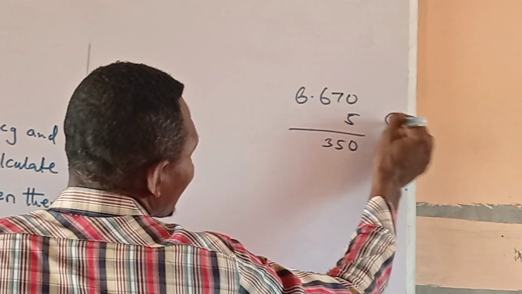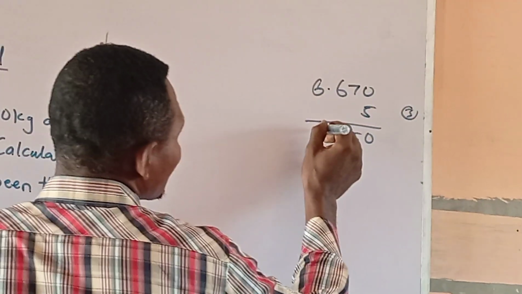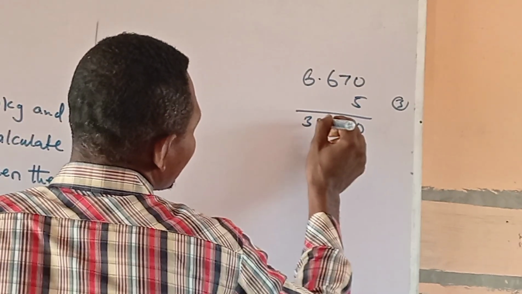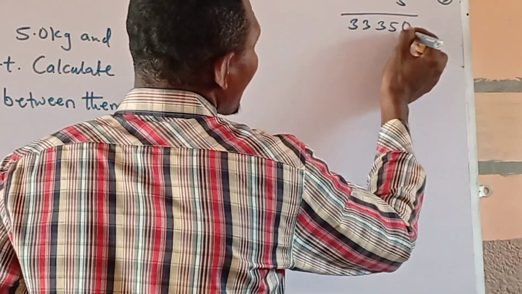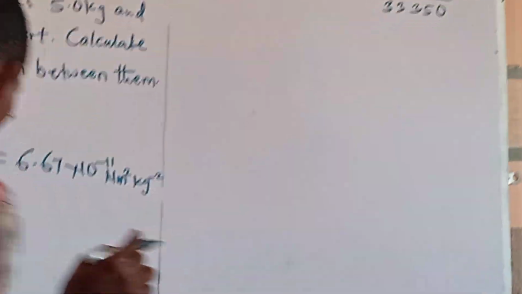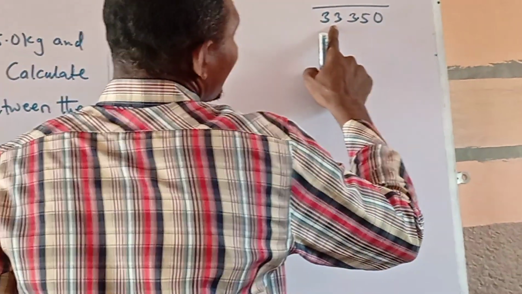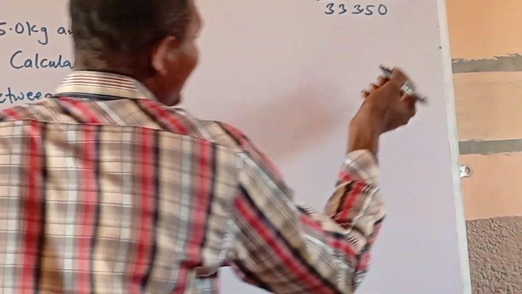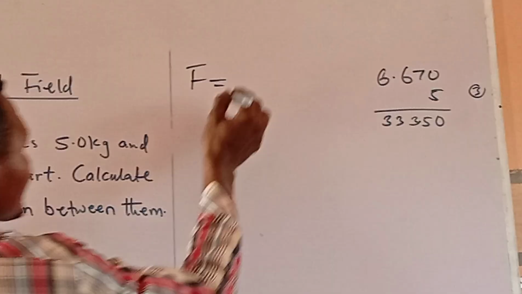You write 3 carry 3. 5 times 6 is 30 plus that 3 will still give us 33. So we have 33. Note that the decimal places here is 2. So we're going to count 2 decimal places. So the value of the multiplication between 6.67 and 50 is 333.50.